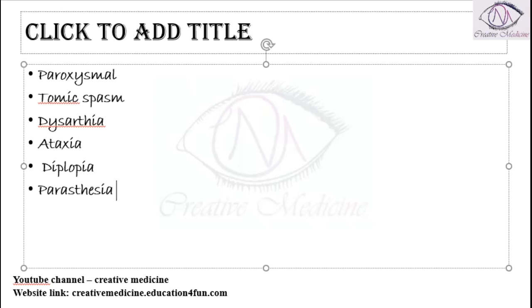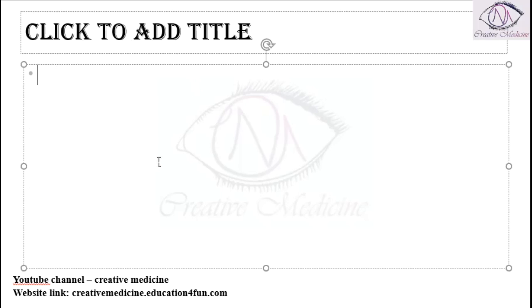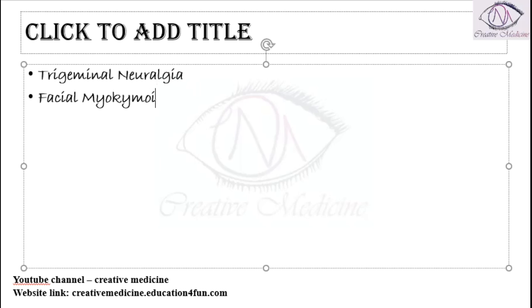These patients can also have trigeminal neuralgia, facial myokymia, and even vertigo. One more important thing is that internuclear ophthalmoplegia is one of the important features of multiple sclerosis.